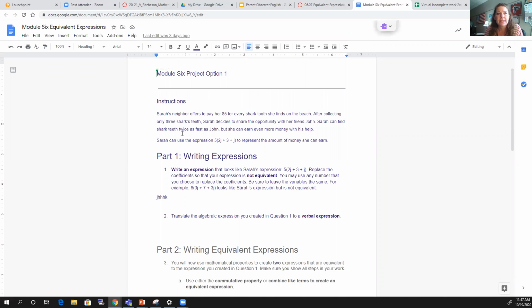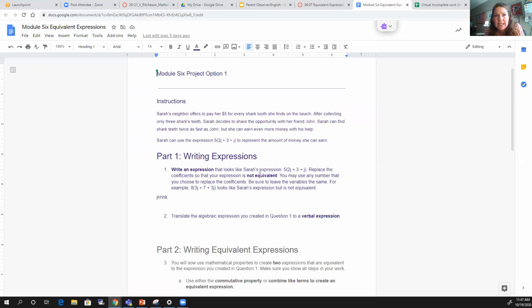All right, so you're gonna read the instructions. You're gonna do part A, writing expressions. I have bolded some words for you that I think are pretty important. It says you're gonna write an expression that looks like Sarah's expression, 5 times the quantity of 2j plus 3 plus j. You're going to replace the coefficients so that your expression is not equivalent.